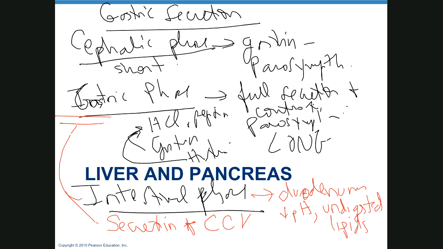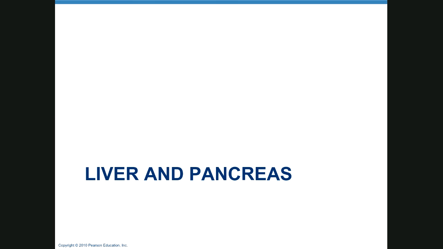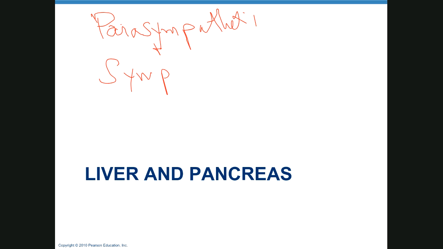Now, two other things that we haven't touched on are the effects of parasympathetic and sympathetic nervous system on the GI tract. And you should definitely know that.